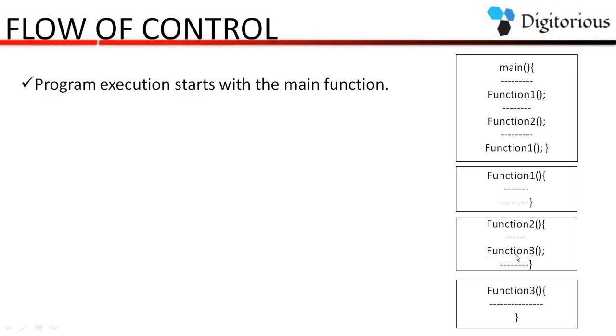It encounters function 3, will look for function 3 in the entire program, find function 3, execute the code of statements written inside function 3, return the value returned by this function back to the calling function, which is function 2, execute the set of code written inside function 2, return the value returned by function 2 back to the calling function, which is main, again proceed, will find function 1 in the entire program, execute the set of statements written inside function 1, and return the value returned by this function back to the calling function.